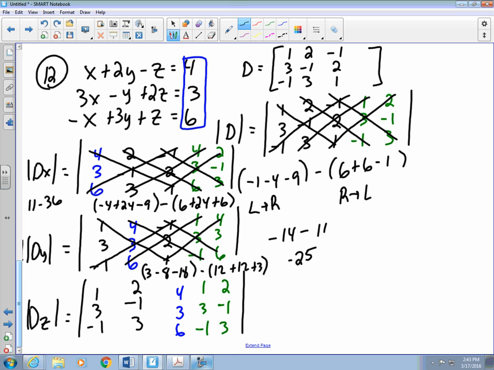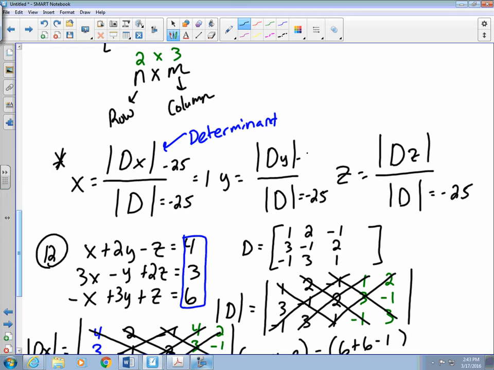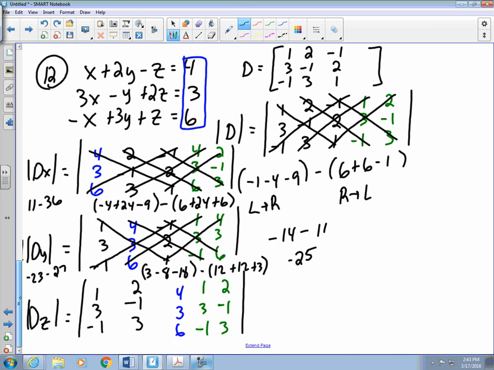So now I have negative 5 minus 18, which would be negative 23, and 27, which is negative 50. So negative 50 divided by negative 25 is positive 2. So x is 1, y is 2, and now we have one more.